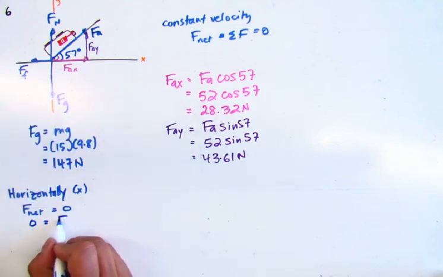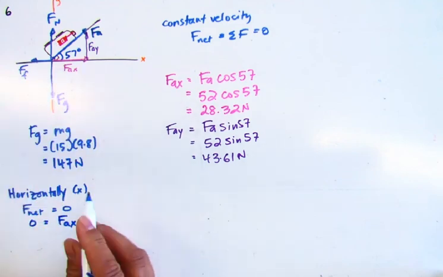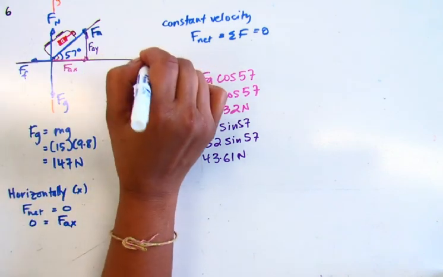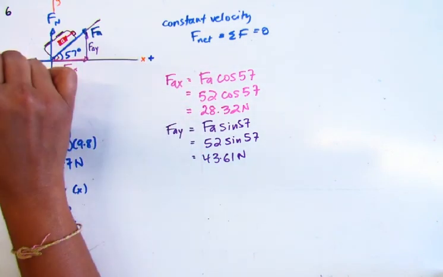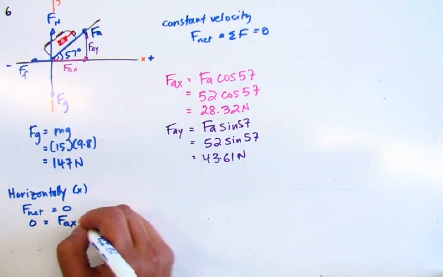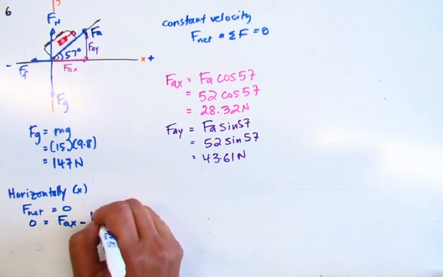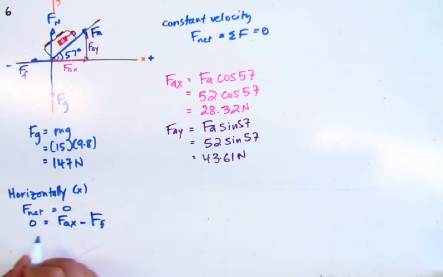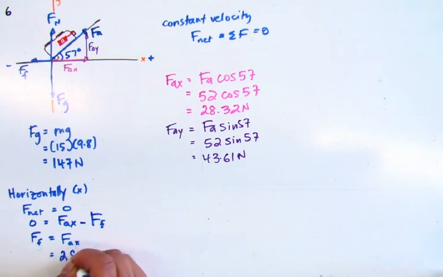There's Fax pulling it forward, and then there's Ff in the negative direction. We can make this the positive direction, this the negative direction. So subtract Ff. So we can see that the force of friction has to equal the x component of the applied force. And we know what this is. It's 28.32 newtons, so we know our Ff.